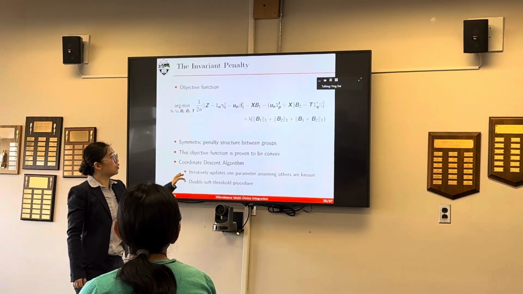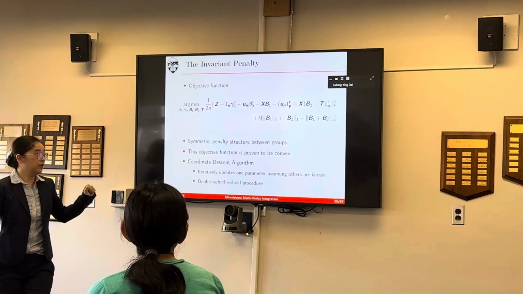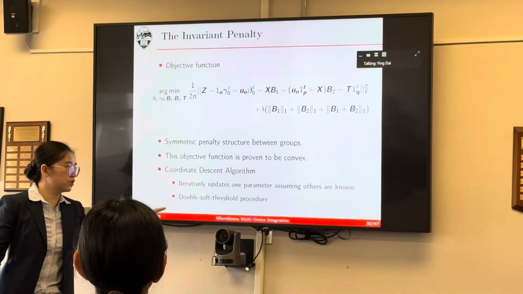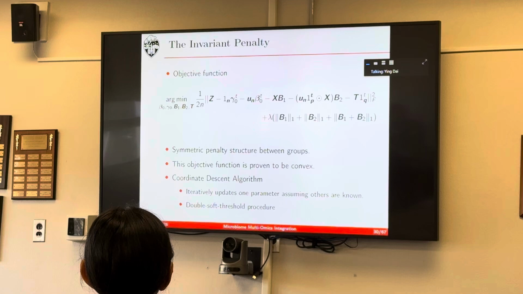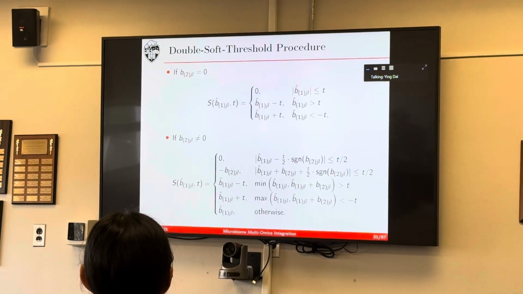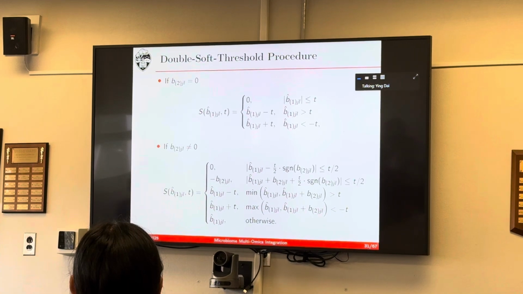In order to update B1 and B2, we derive this double soft threshold procedure. People who know Lasso know the soft threshold estimator, and this procedure is exactly inspired by that.